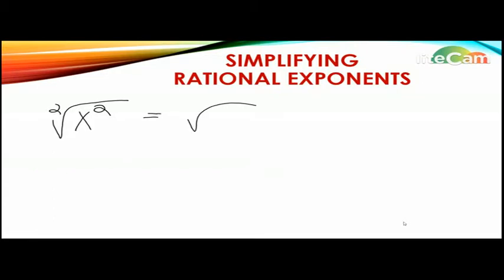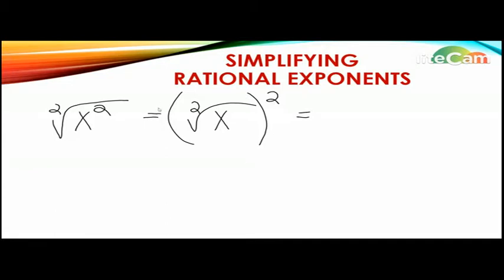Okay, so now we've got the square root of x. Notice that I've got the square root of x squared. Let me think here. When you take this like this, you could actually write it like this. So the 2 going here or this 2 going here, those are both the exponents. It really doesn't matter where they go.